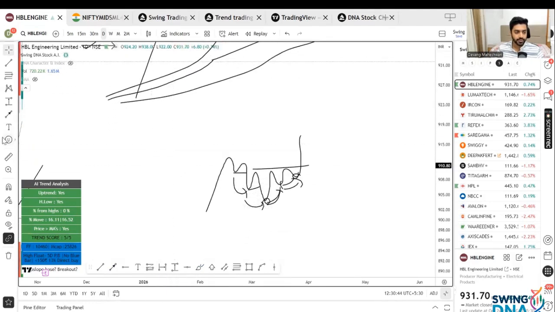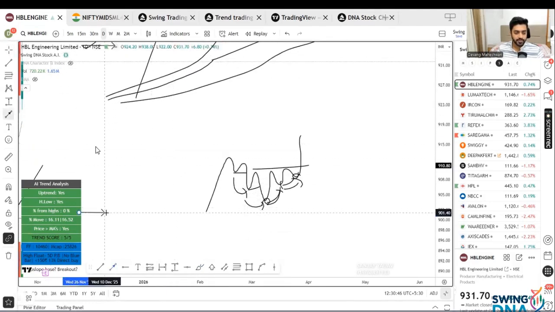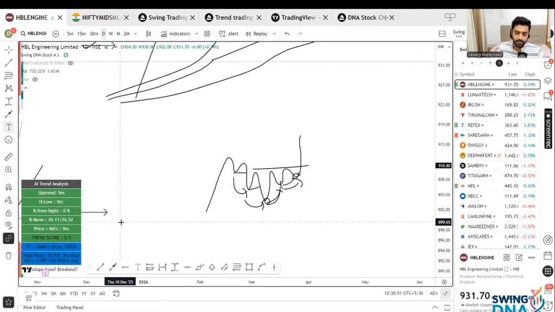Okay, let's do here. All the big winners which started giving a big movement, it did not happen from the bottom itself. As it makes its structure, as it moves from lower lows to higher lows, momentum will come.